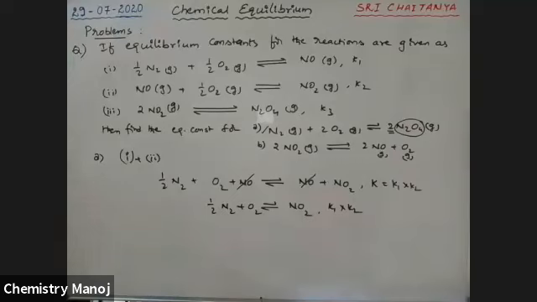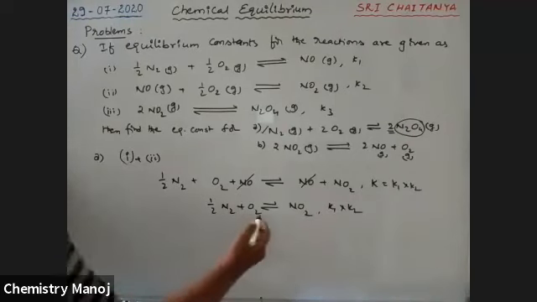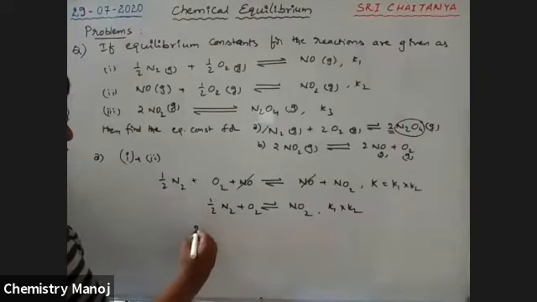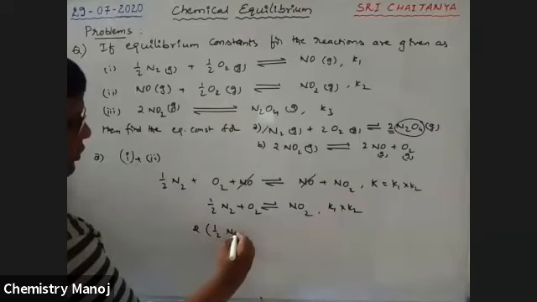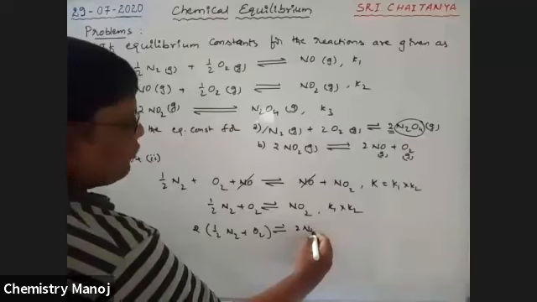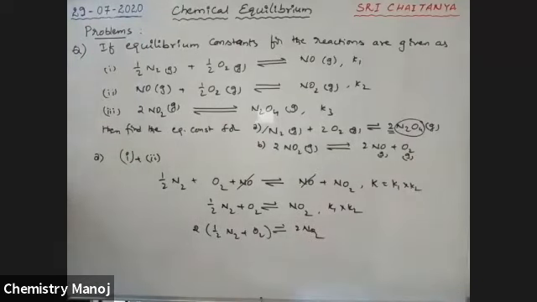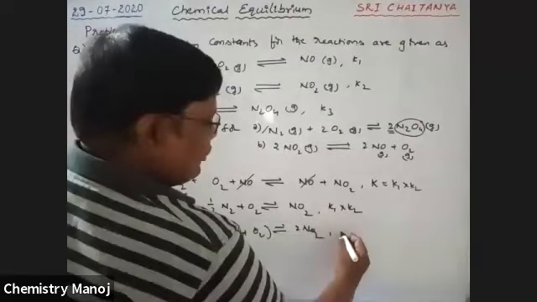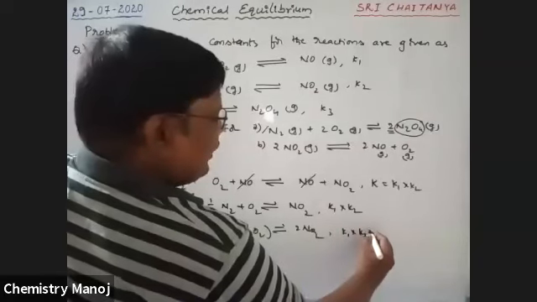Now multiply this equation by 2, that is 2 into half N2 plus O2 reversible with 2 NO2. Because it is multiplied by 2, the constant is K1 into K2 whole square.